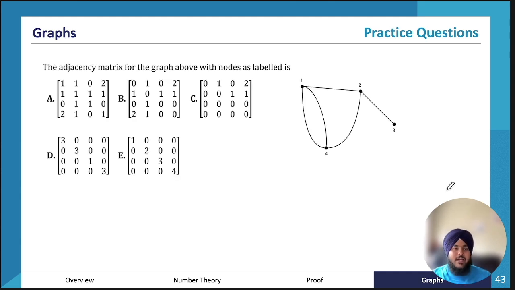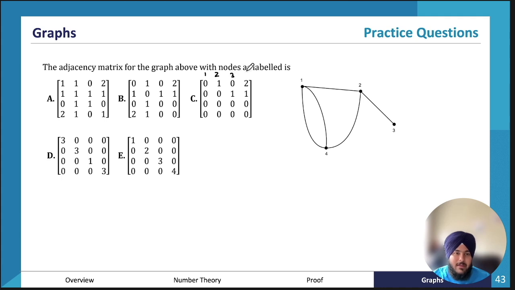The adjacency matrix for the graph above with nodes as labeled is... okay, so we are trying to work out the adjacency matrix for this graph. Remember, an adjacency matrix is basically a matrix representation of a graph. The way we look at it is we assign the rows and the columns with numbers.